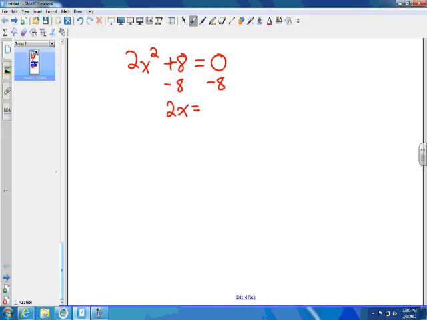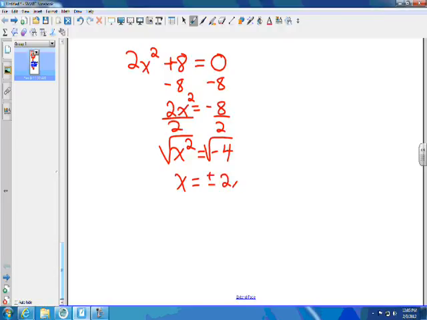So 2x squared equals negative 8. Then what? So x squared equals negative 4. Take the square root. And you should be at the point now where you already know what that's going to be. That's plus or minus 2i.